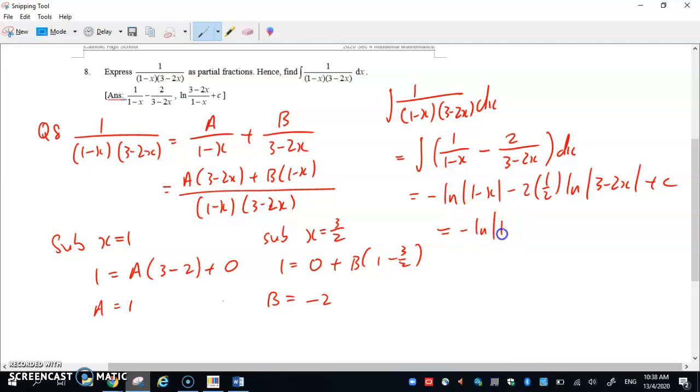Negative ln 1 minus x minus ln 3 minus 2x. Made a mistake here, you have an additional negative here, because of the minus 2 here you should have a minus half. So what you get is plus ln of 3 minus 2x plus c. So you can leave your answer as this, it's fine.